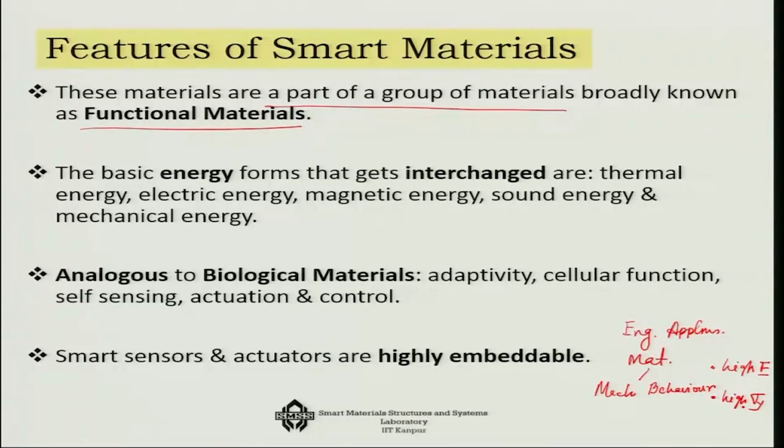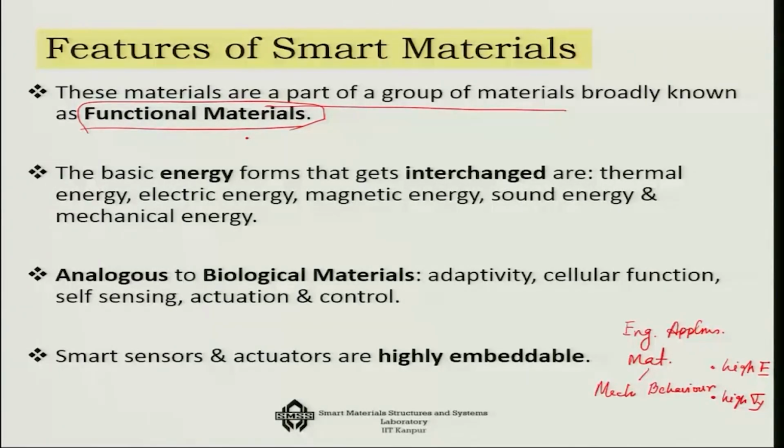That means you can generate both positive and negative deformations in a system in a non-mechanical way, for example with the help of electrical signals. So the materials which can respond to these other kinds of behaviors also are the functional materials, and smart materials are a subgroup of this kind of functional materials.